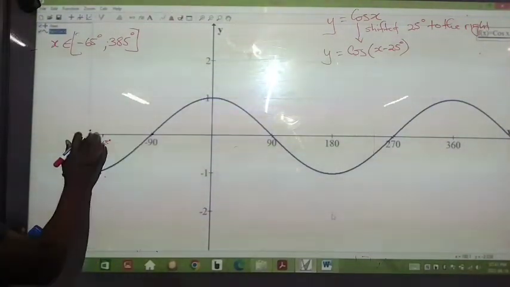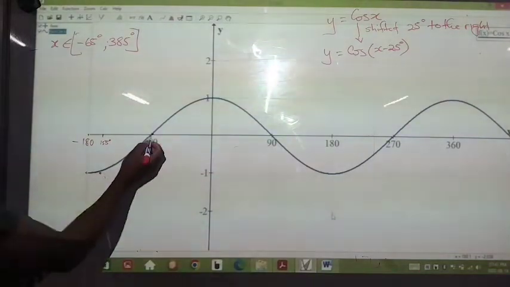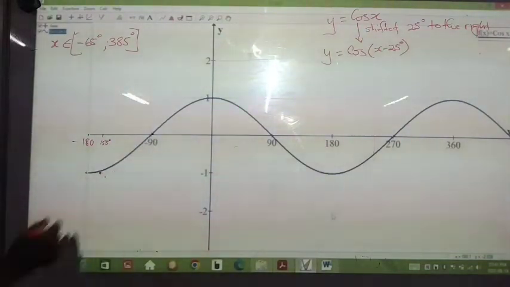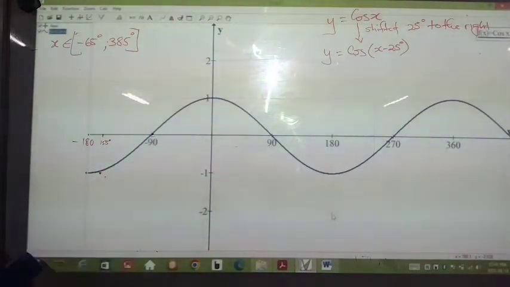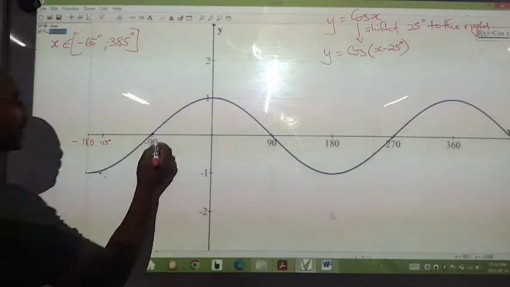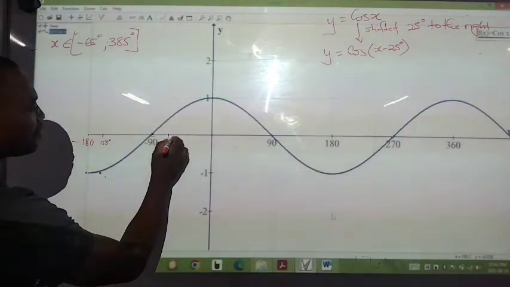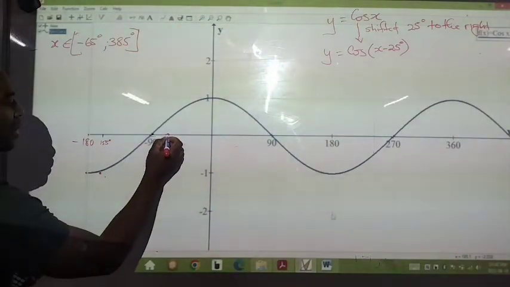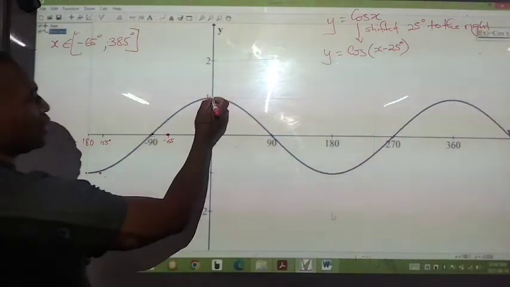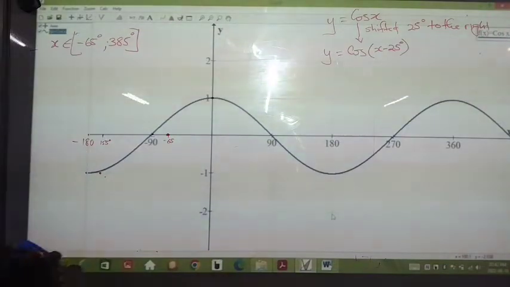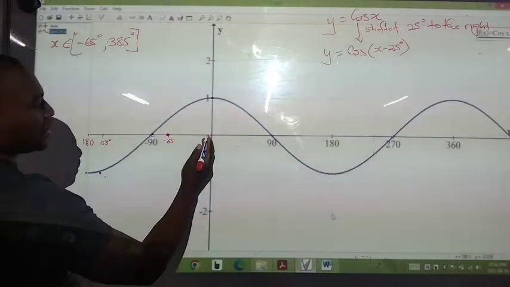This strategic point, which is negative 90, it's going to move 25 degrees to the right, and that will be negative 65. So this point will come here, and then we have this turning point that is at 0 degrees.